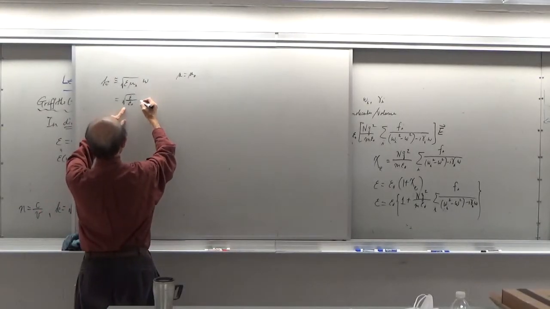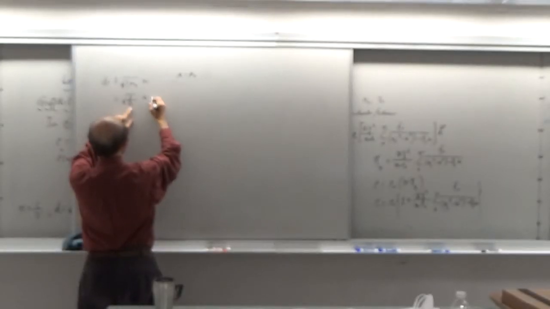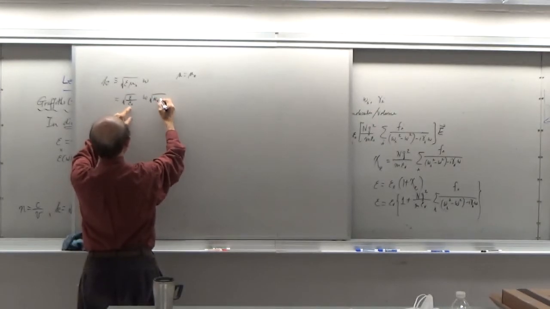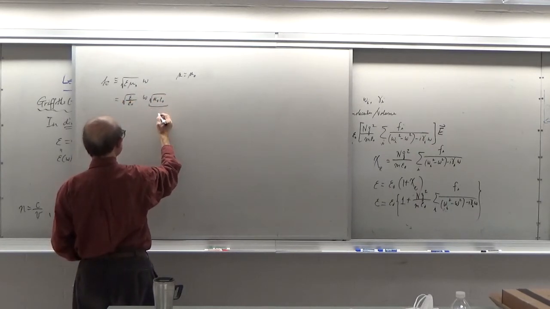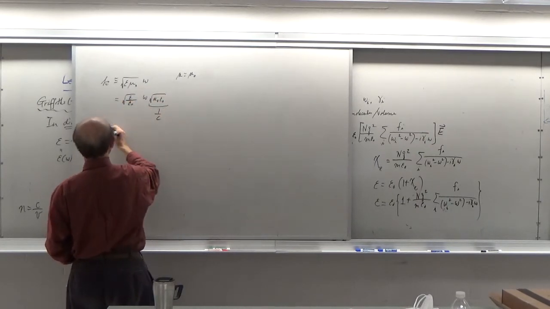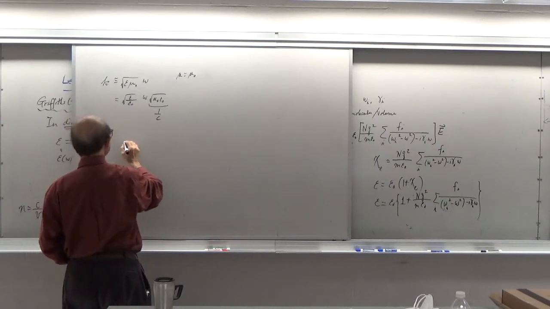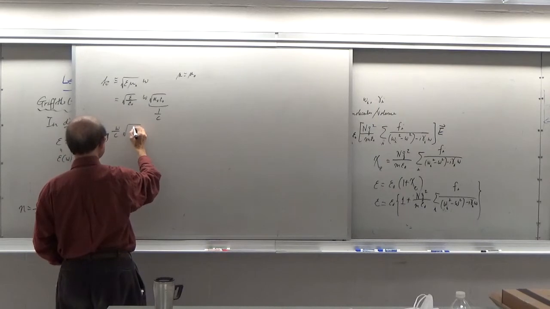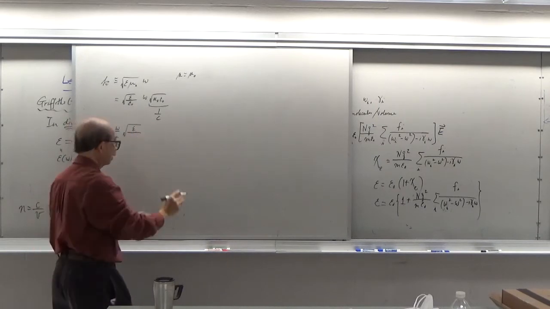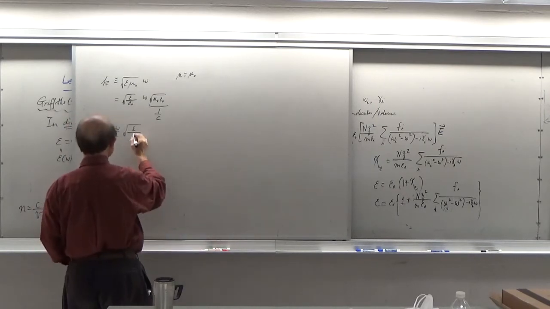Then if I have omega and mu naught epsilon naught, this is of course nothing but 1 over c. So k is equal to omega over c times the square root of the complex permittivity divided by epsilon naught.